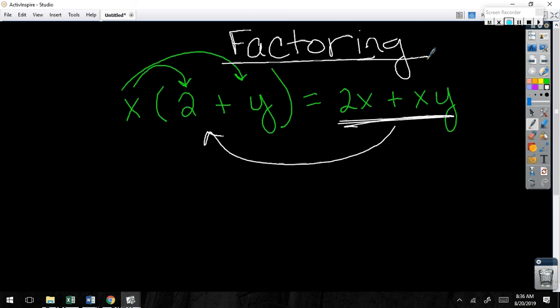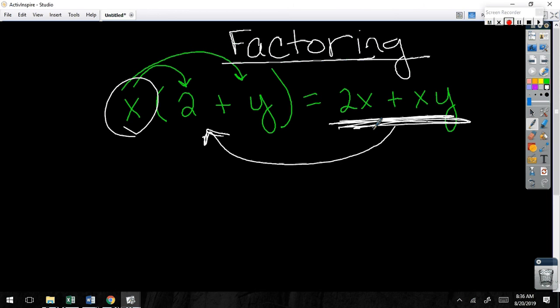This is a basic form of factoring where we just pull a GCF out to start with. When you go from the right to the left, so this is a basic form of factoring. So x is a factor of those two terms. Yes? Y'all remember that?